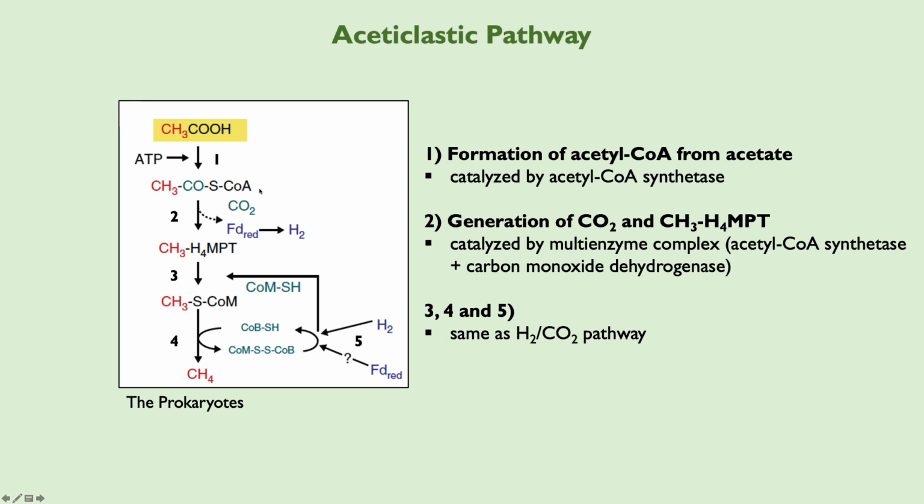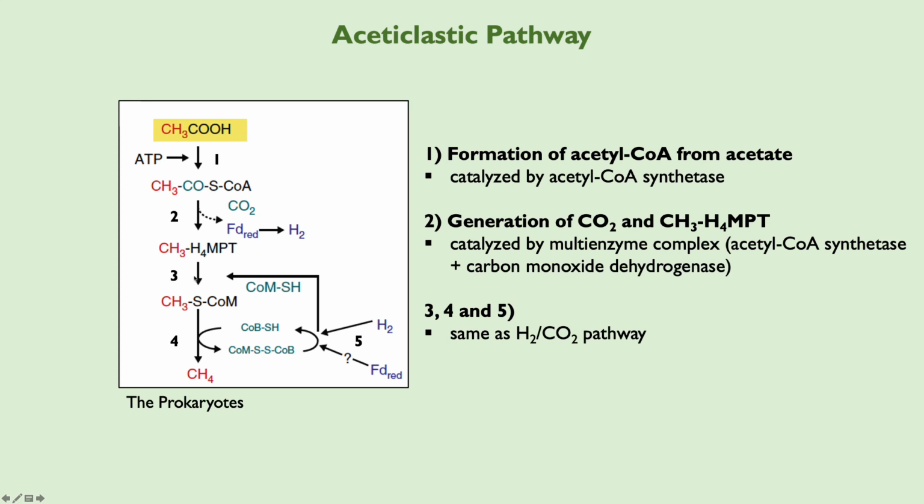This is catalyzed by acetyl-CoA synthetase. And then the second step in this reaction is forming methyl H4-MPT. And this involves a transfer of a methyl group from acetyl-CoA to H4-MPT, as well as oxidation of this carbon, which was our carboxyl group here within acetate, to carbon dioxide.